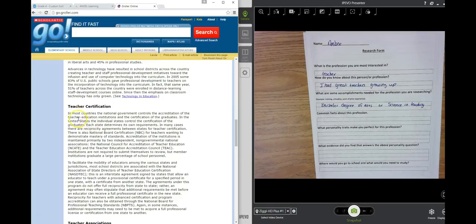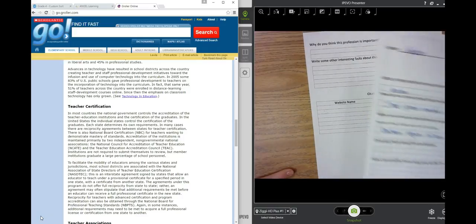Okay, I'm going to continue reading this teacher certification section for more information. But while I was reading about the certification and the accomplishments needed, there were other things that I could answer through that. So while you're listening and reading along, you need to make sure that you are aware of the other questions on your research page so that you can answer them accordingly.